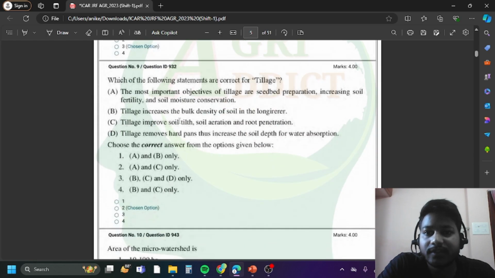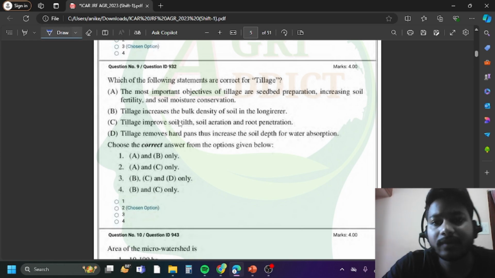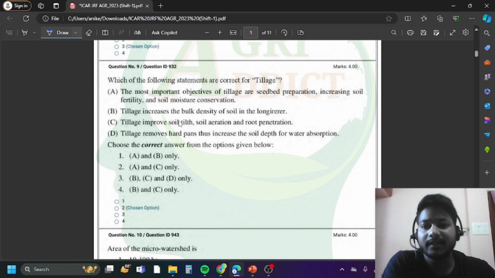Next question is, which of the following statements are correct for tillage? For example, I don't know this question and I want to attempt it, so how will I attempt it? Let's read out the statements. The most important objectives of tillage are seed bed preparation. Yes, seed bed preparation.